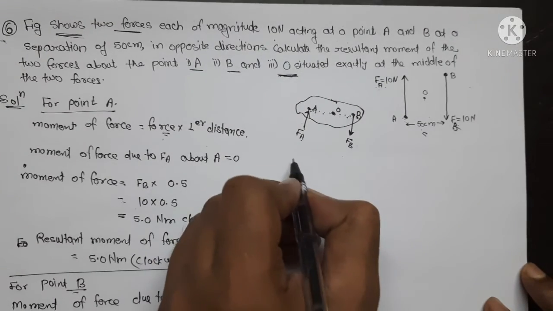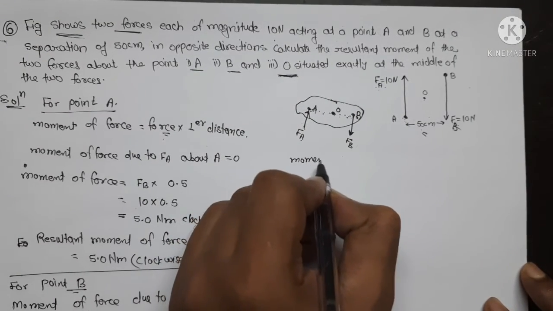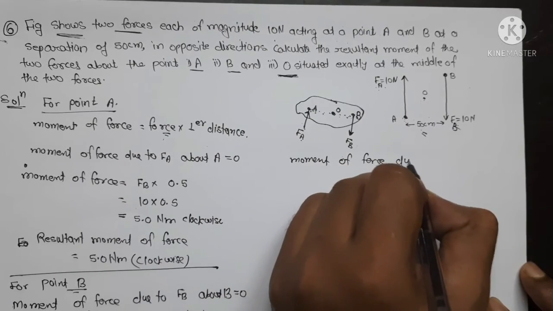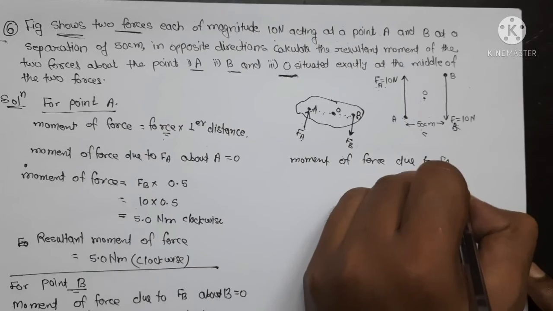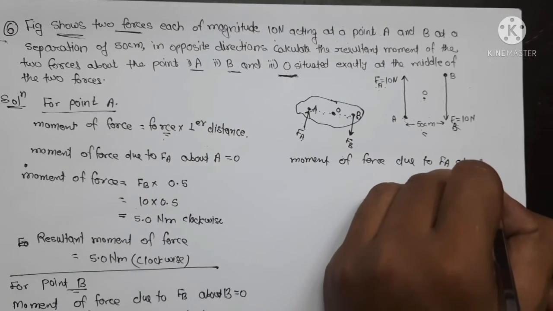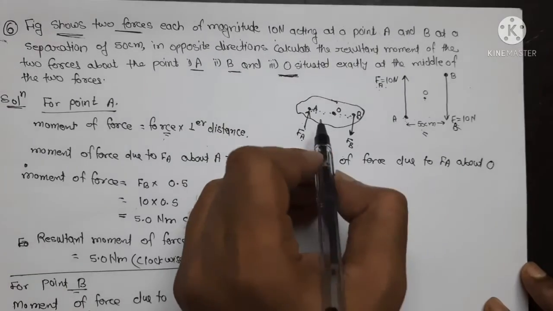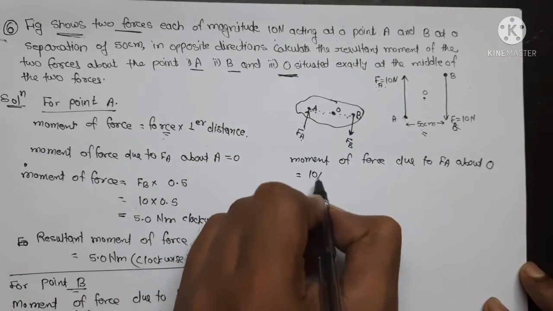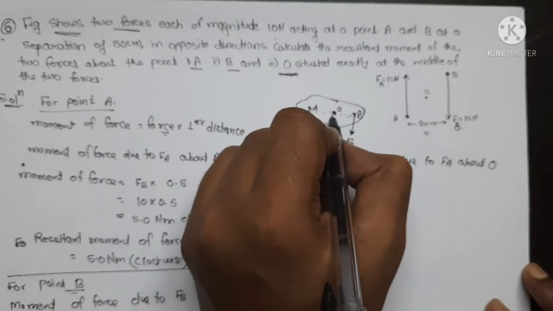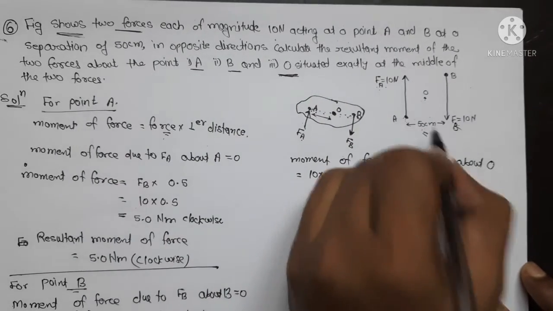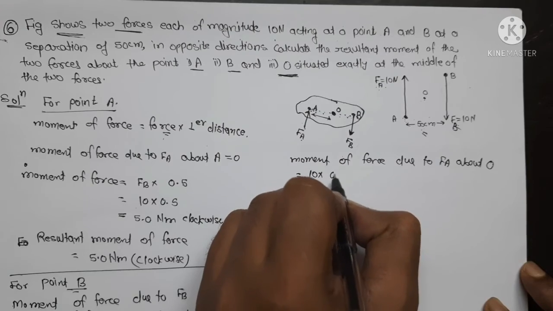That is FA now. So the moment of force due to FA about O. So again force into distance. See, force is 10 Newton, and what will be the distance of point O from this A? It will be simply 25 centimeter, so that is 0.25 meter.